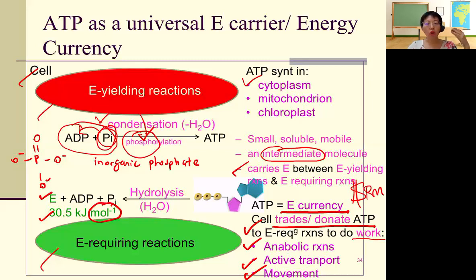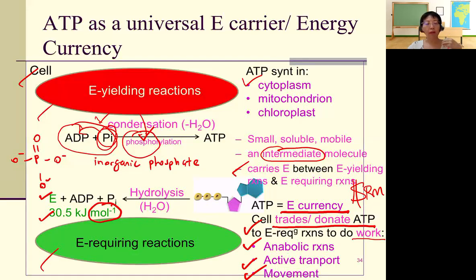Same thing, you go anywhere in the cell, you ask that part of the cell, hey, organelle ribosome, I want you to synthesize protein, can or not? Can. Pay me with ATP first. Or you go to the membrane and say, hey, I want you to carry out active transport for me, can or not? Can. Pay me with ATP first. So therefore, ATP is the energy currency of the cell.